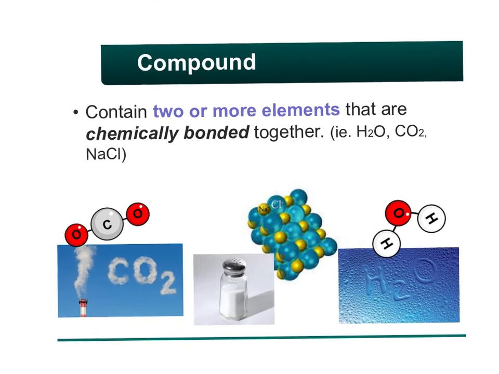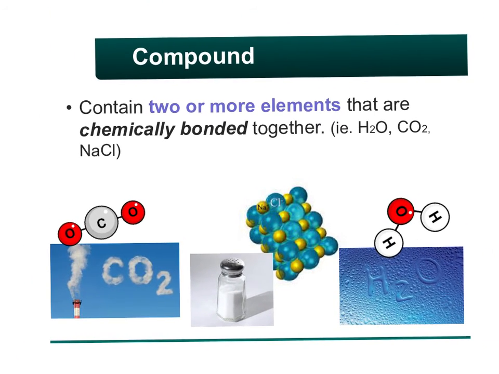Okay, but what happens if we now combine some different atoms together? Now, we know the term compound. The term compound is referring to two or more elements, like the ones we saw before, that are chemically bonded together. Okay, so they're stuck together.